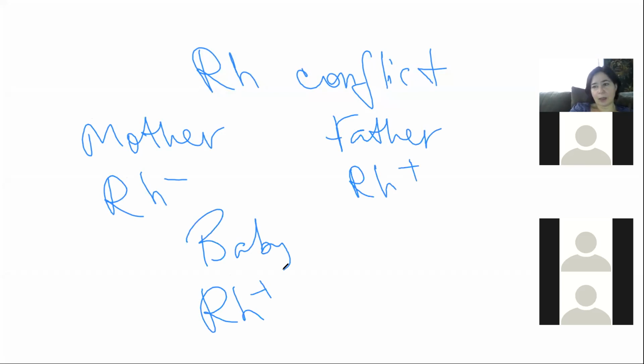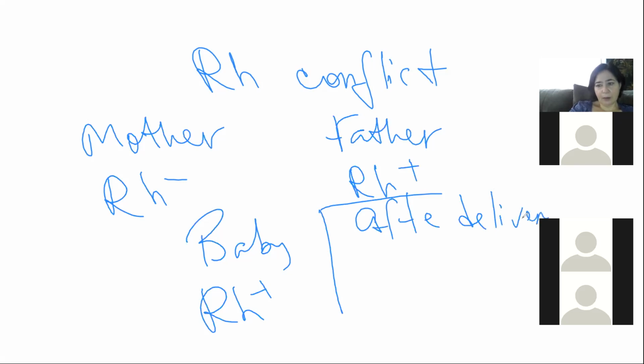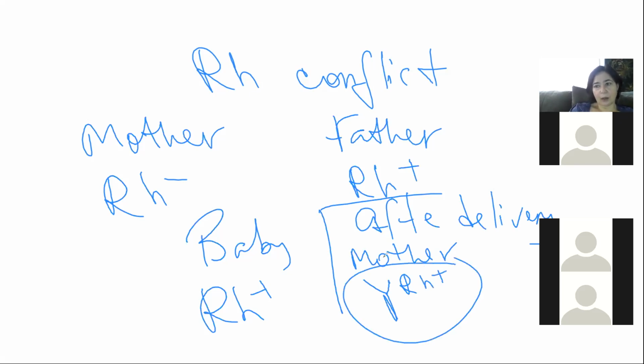The maternal and fetal blood get mixed during delivery. And after delivery, mother will produce antibodies for RH. So in her blood, she's gonna generate antibodies against RH antigen.